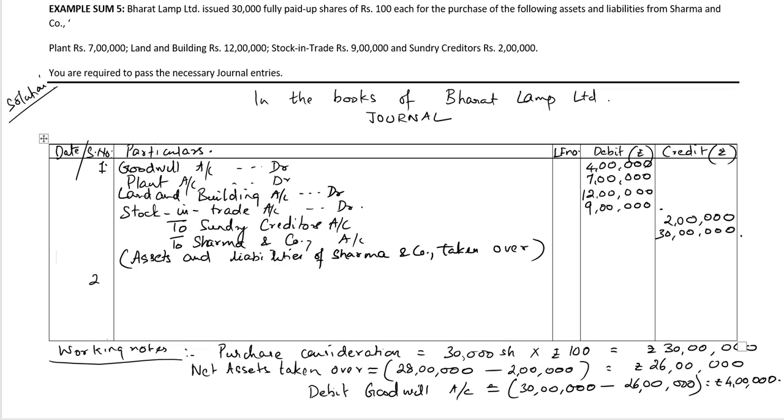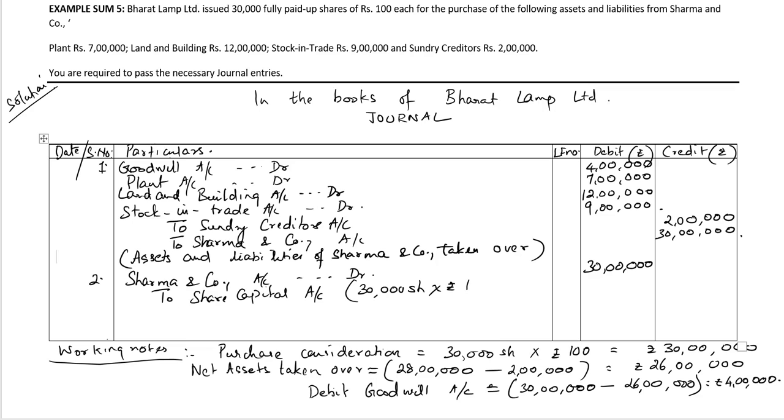The next journal entry is the settlement of purchase consideration through issue of shares. Sharma and Company account debit the amount of purchase consideration that is payable, 30 lakh rupees. To share capital account. The number of shares which are issued is 30,000 shares multiplied by rupees 100, which is the face value of each share.